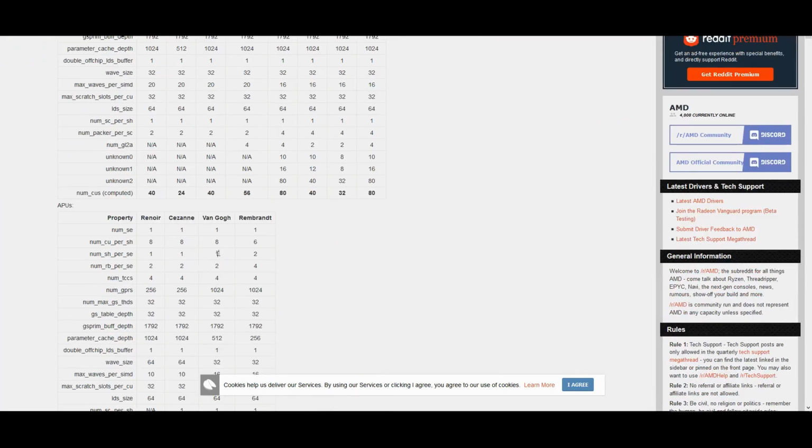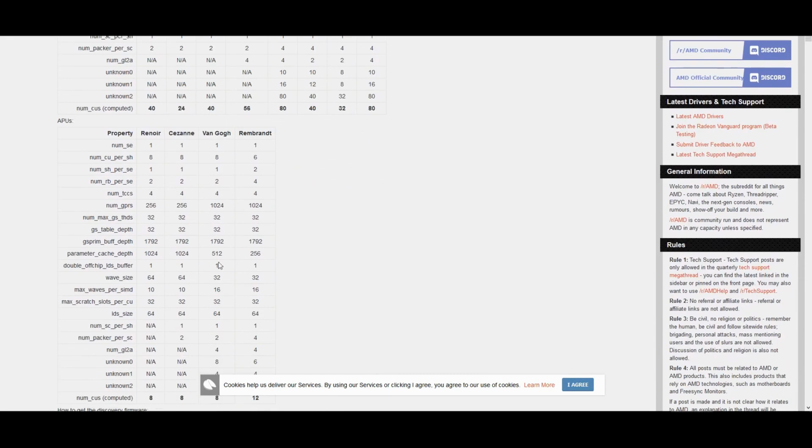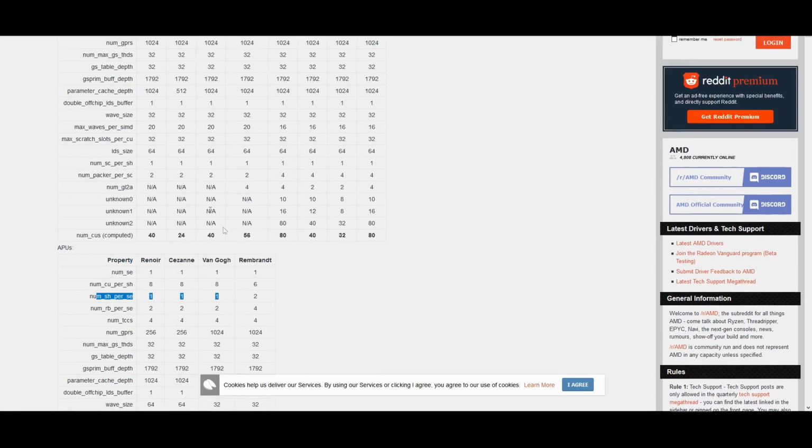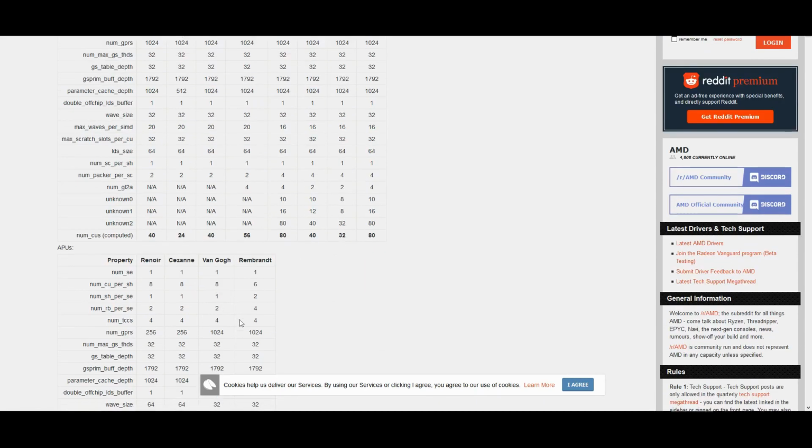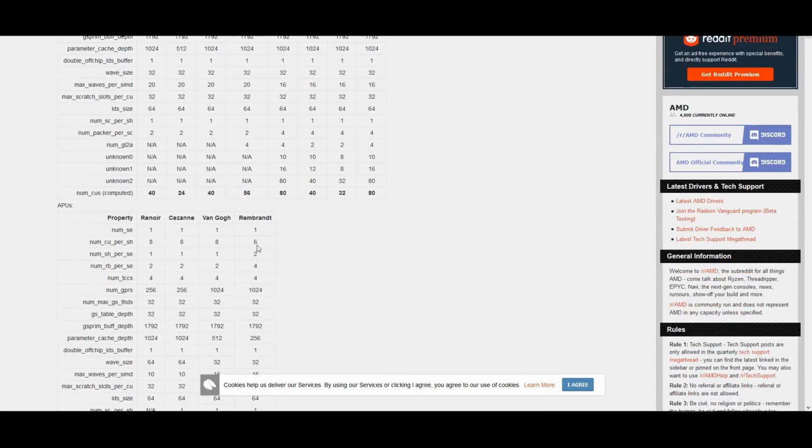So the RDNA config was leaked some while back on Reddit here, and we see the number of shader arrays per shader engine is interestingly different from any of the other RDNA configs. This might be necessary so that they can scale this architecture down to this 8 CU size, because all of these other ones are larger.